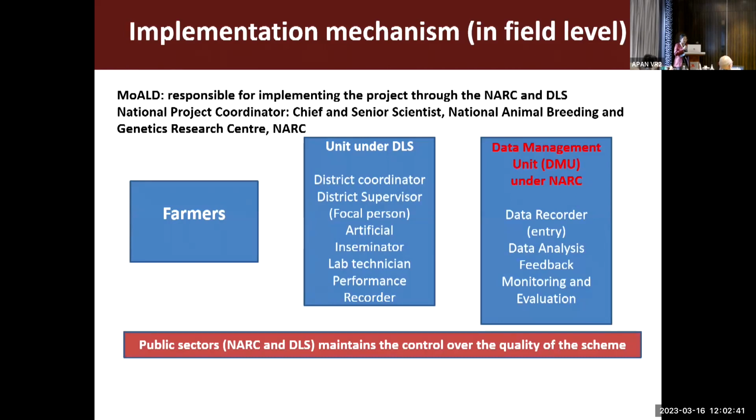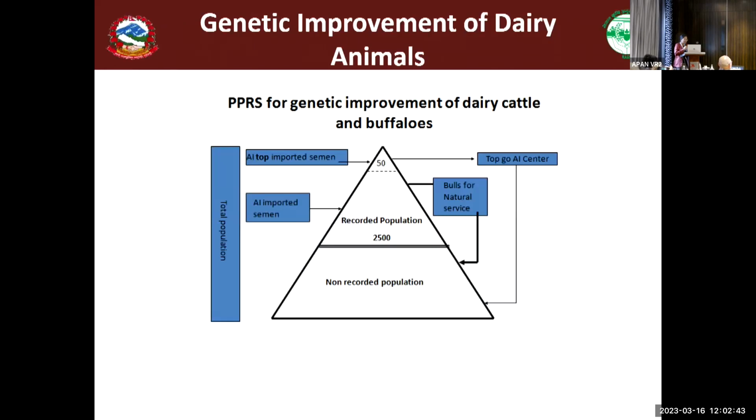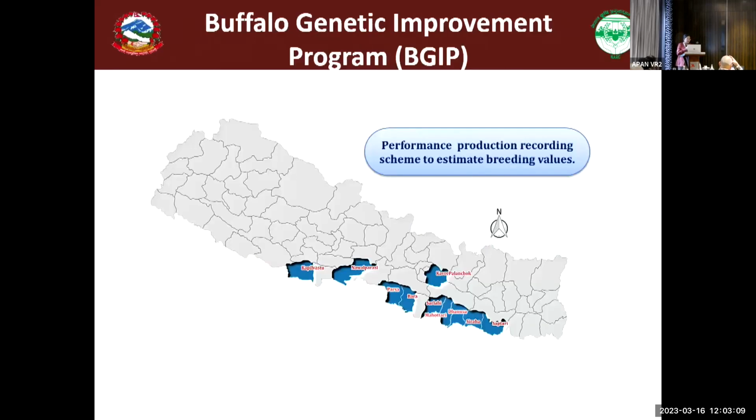It was really challenging, and after the success of this dairy cattle improvement program, we went to another commodity. Earlier we just focused on cattle, but for dairy animals we added another commodity, buffaloes.